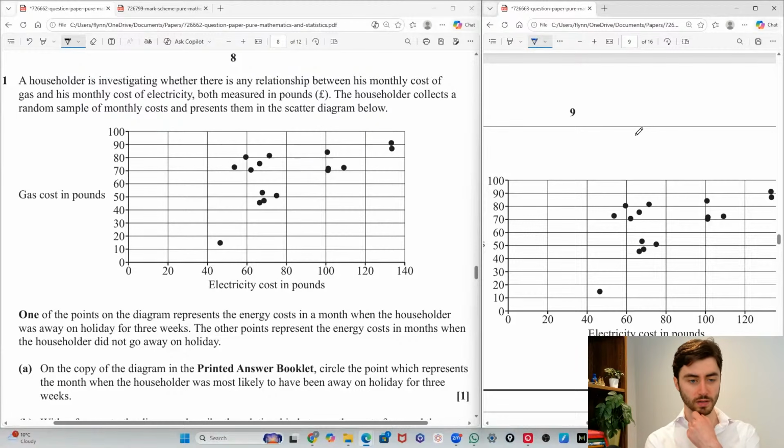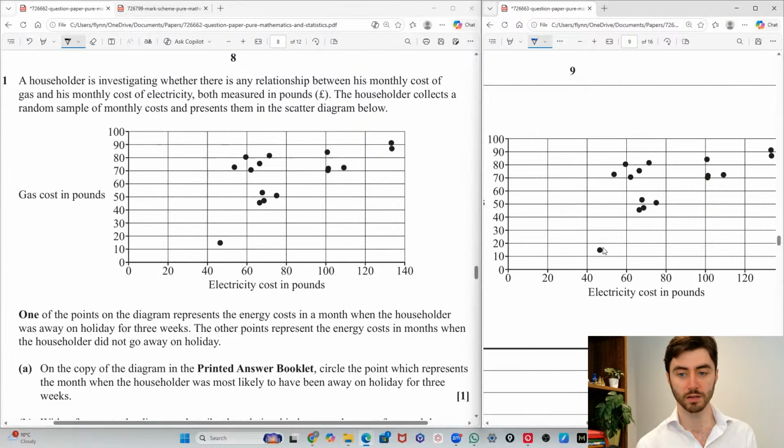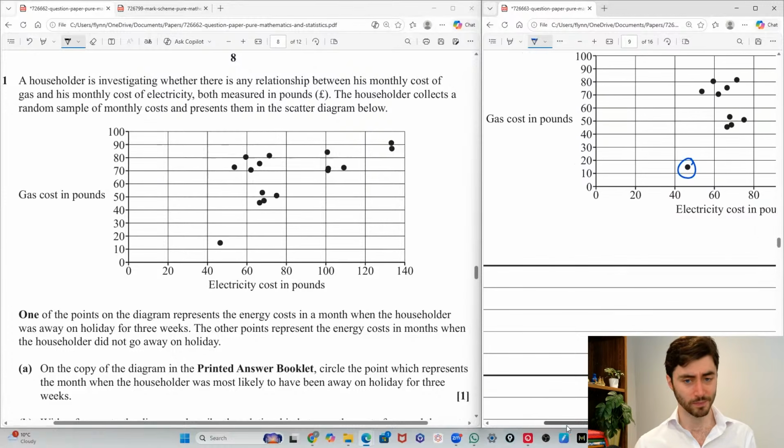One of the points represents the energy costs in a month when the householder was away for 3 weeks. The other points represent the energy costs in a month when the householder did not go away. Circle the point which was most likely to have been on holiday. Well, here, because they're not cooking or doing anything, they're not using any utilities.